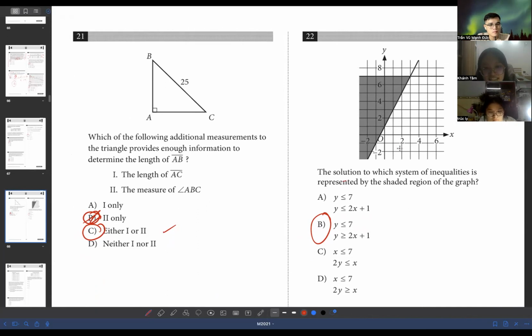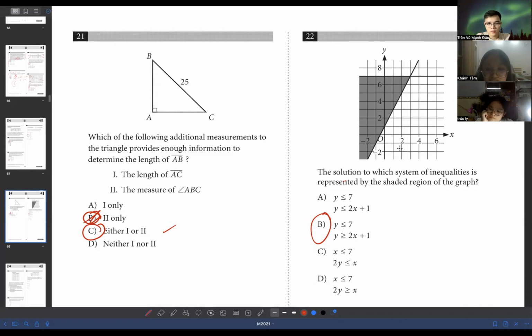I see that C and D are wrong. Why are they wrong? Because the second inequality, I tried plugging in, and it seemed that the number doesn't fit the region, so I just crossed them out.